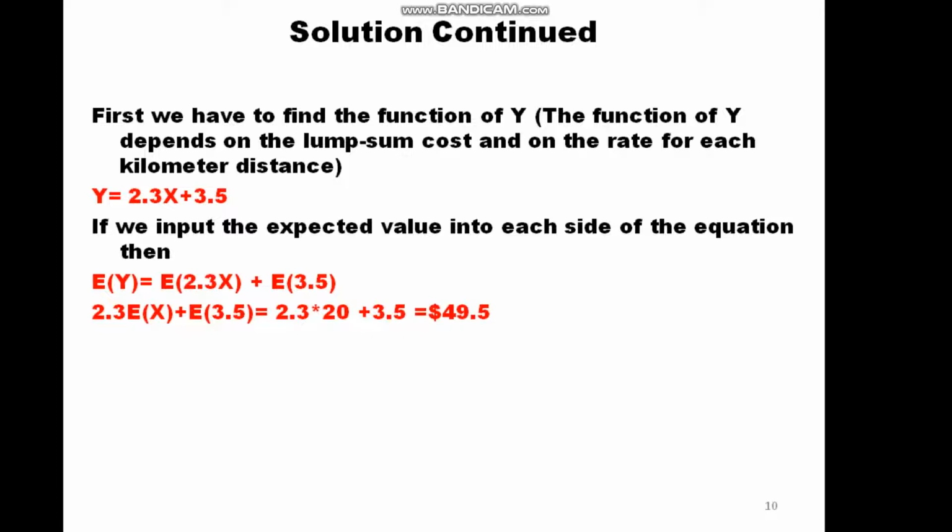Then, as we said in our last lesson about the properties of the expected value, we will take 2.3 out of the brackets of the expected value, multiplied by the expected value of x, plus the expected value of the constant 3.5, which equals 2.3 multiplied by 20. 20 is the expected value of x as given in the example, plus the expected value of the constant 3.5.